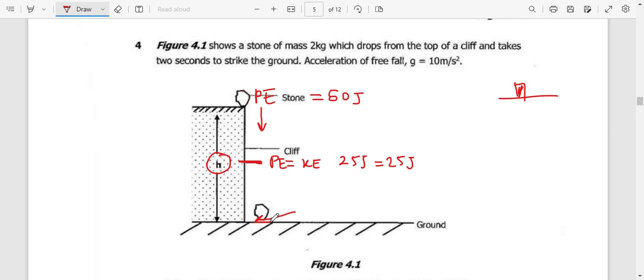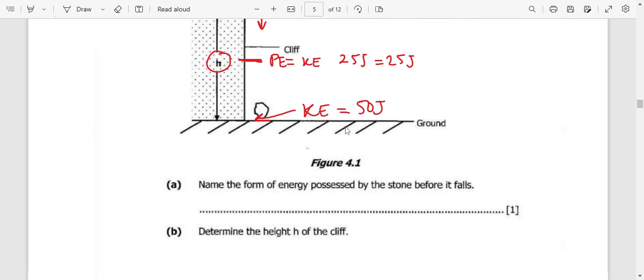And then at the bottom, all the potential energy is converted into kinetic energy. So here you have got kinetic energy. Potential energy is 0. So kinetic energy is going to be 50 joules. Just like here, kinetic energy was 0 on top. So that is just something that you should be able to know when you're talking about these energies.